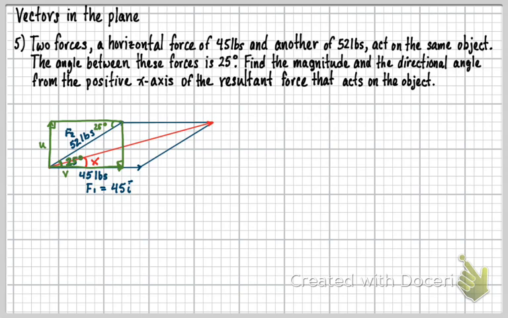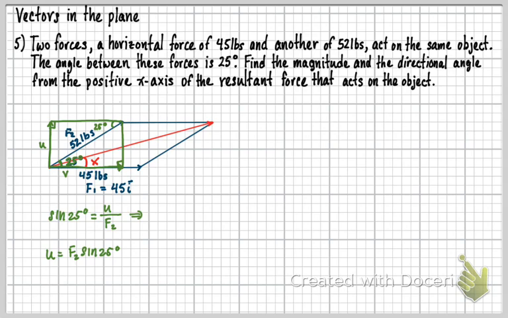If I think of the sine of 25 degrees, that would be the opposite, and the opposite of 25 degrees here would be U. So that would be U over the hypotenuse, which is F2, or 52. But I'm just going to put F2 for now, so we can see what's going on completely. This implies that U equals F2 sine of 25 degrees.